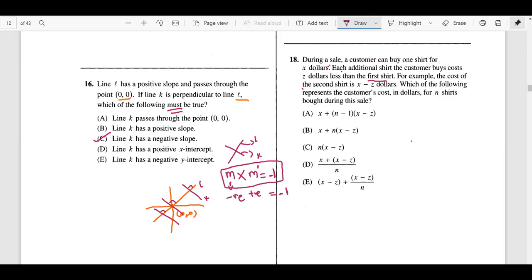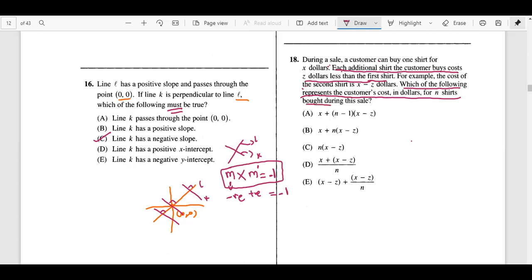Each additional shirt the customer buys costs Z dollars less than the first shirt. For example, the cost of the second shirt is X minus Z, because X is the first shirt. Each additional shirt the customer buys costs Z dollars less than the first shirt. Which of the following represents the customer's cost in dollars for N shirts bought during the sale?